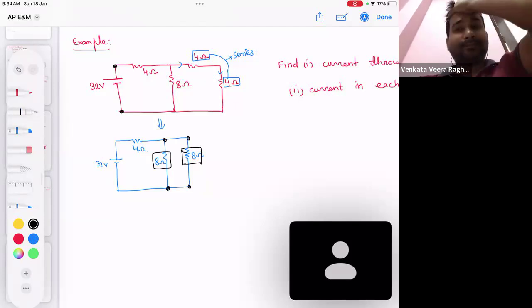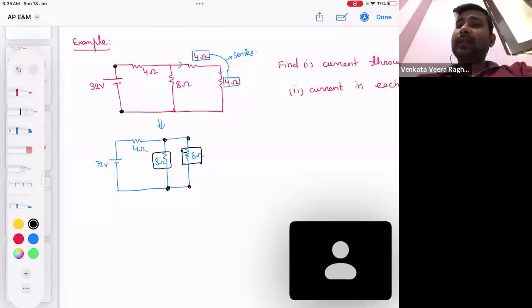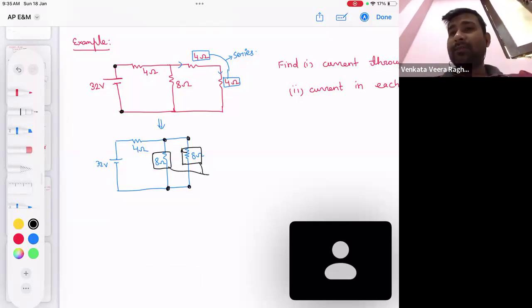Please check it. If two resistors are connected across the same potential difference, we will call this connection the parallel connection.